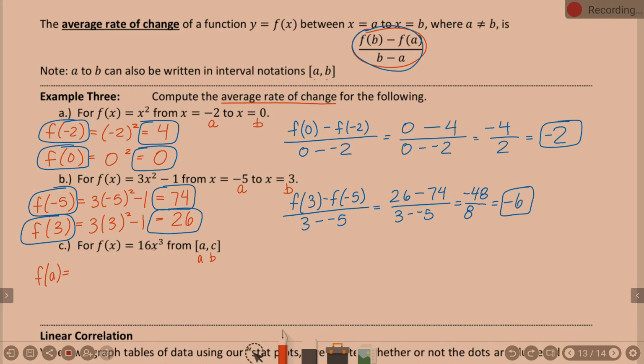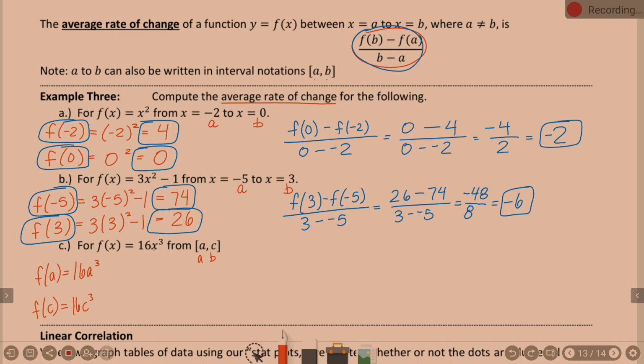No, it's a place of a number, but it's really a variable. And so f of a is going to be 16a cubed. What's that mean about f of c? Same thing, right? You're taking x and replacing it with c, and so this is 16c cubed.